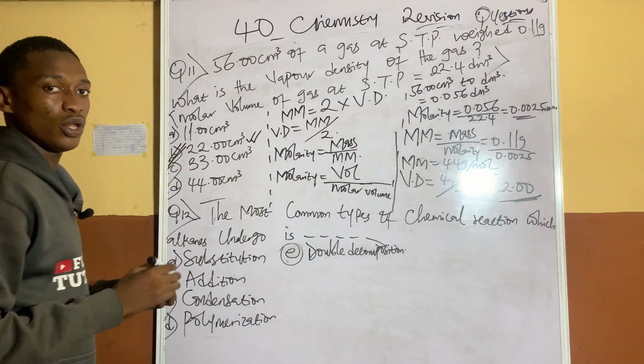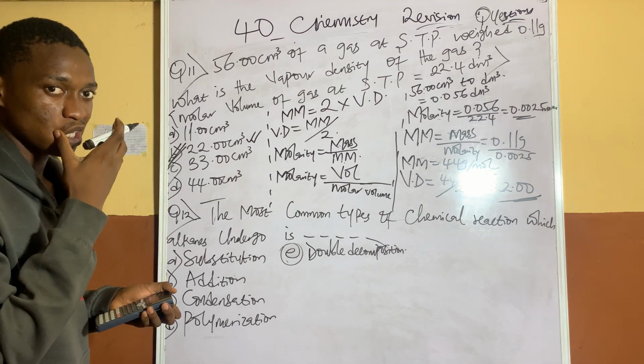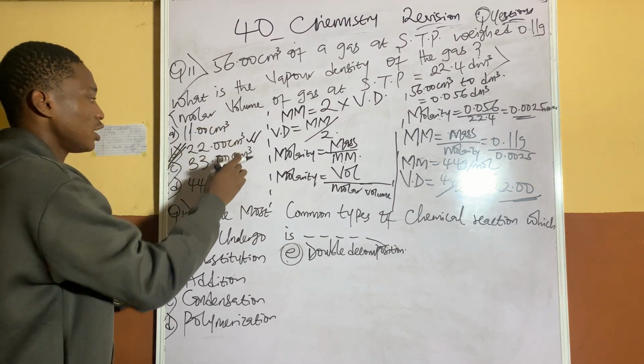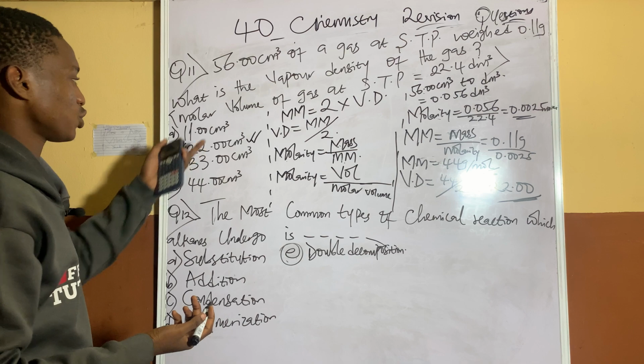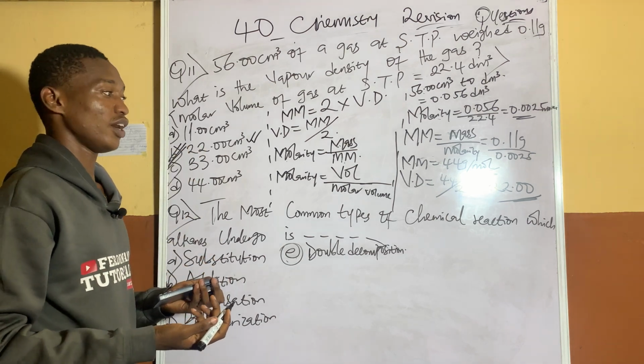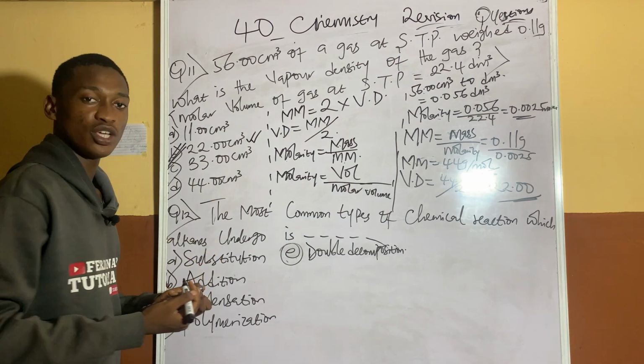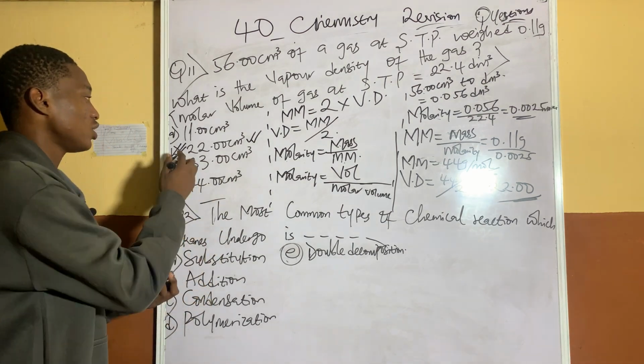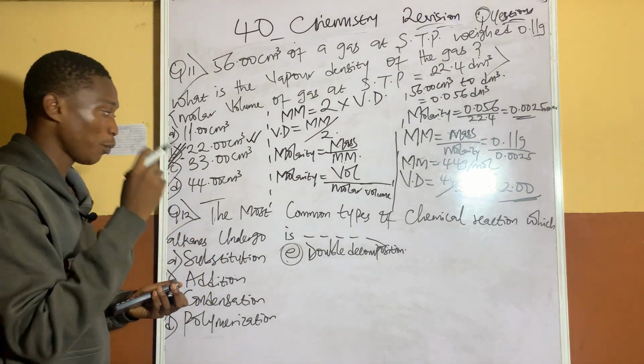This is my answer. Don't mind the unit that they put here in chemistry. I'm surprised they added cm cube because vapor density has no cm cube unit. But all the same, let's leave it as this. This is the answer, 22.00.